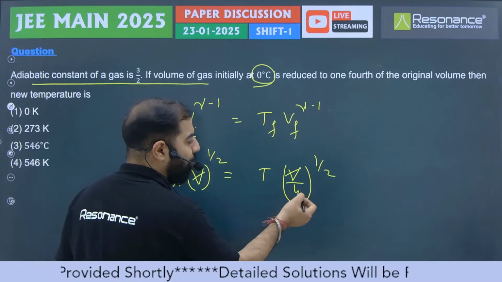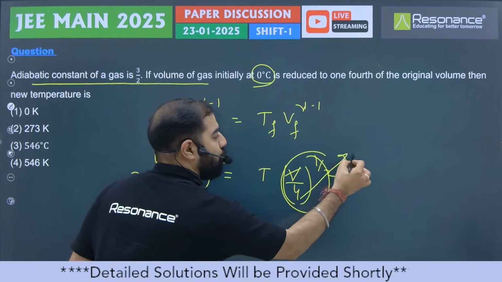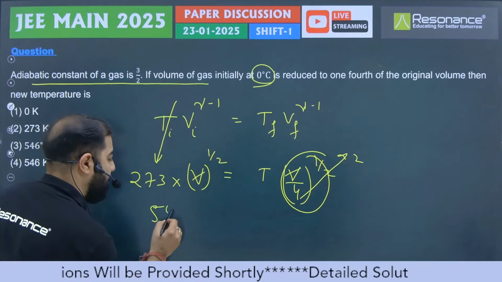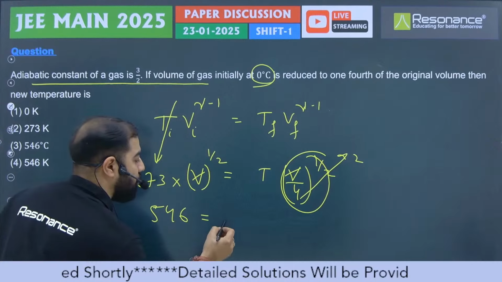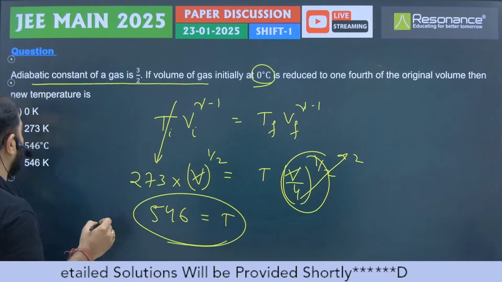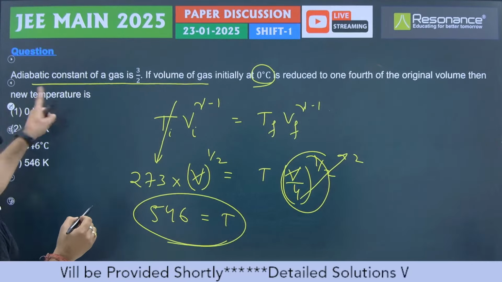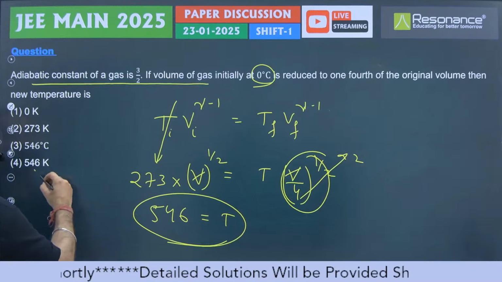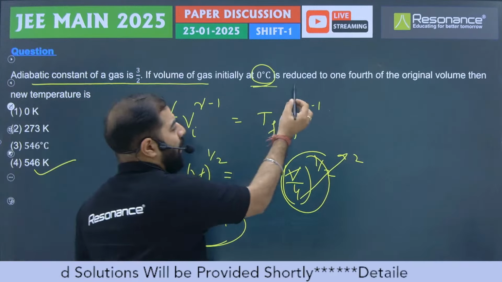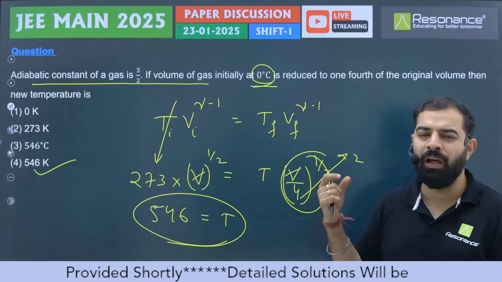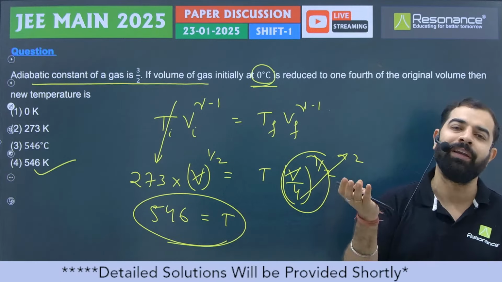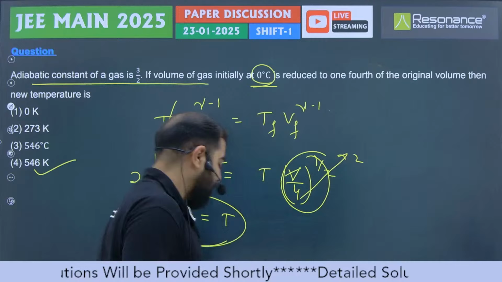Root of 1 by 4 inverse is 2, so this will be 546 equals T. The new temperature they are asking is 546 Kelvin. By the way, one thing to mark: whenever we use this formula, we use temperature in Kelvin, not in Celsius, right? Let's go with the next question.